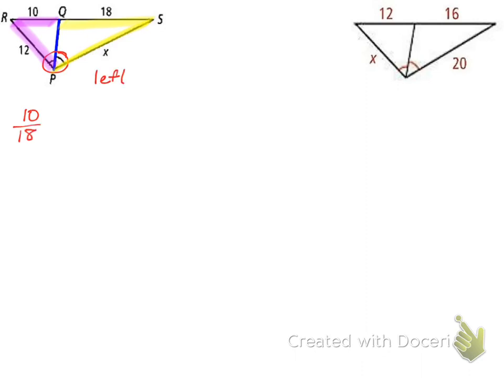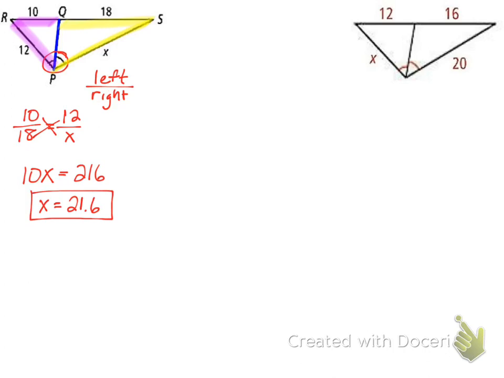Left over right. To be consistent, 10 over 18 is equal to 12 over x. I can cross multiply and get 10x is equal to 216. Divide both sides by 10, so x is equal to 21.6.